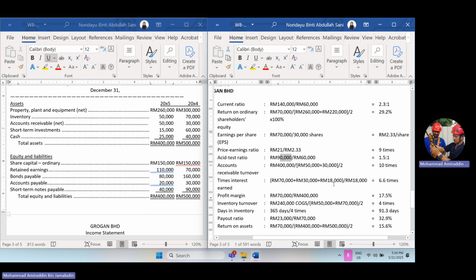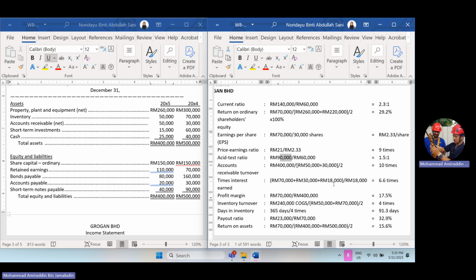What's good about this acid test ratio or quick ratio? Some companies need to keep their stock for so long in the store before it can be sold. For example, cars sometimes park there for 1 year before we can sell them. But if let's say your company produces cake, I don't think you keep 1 year of cake, right?